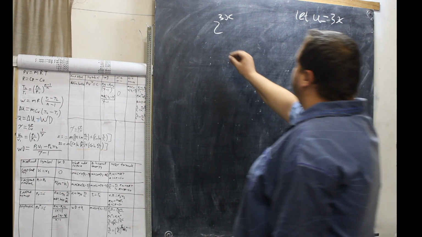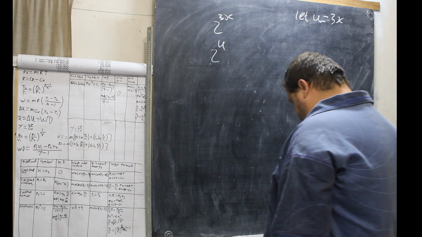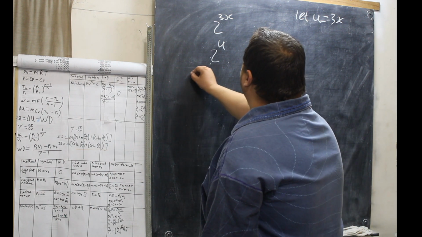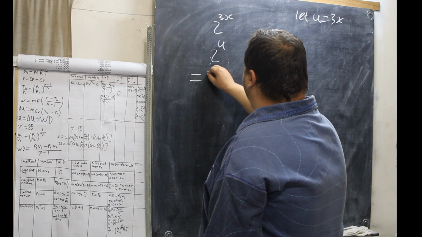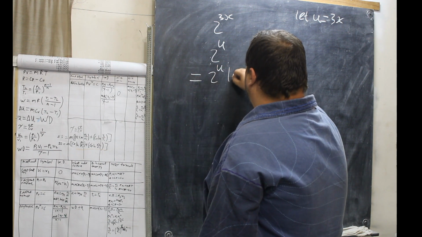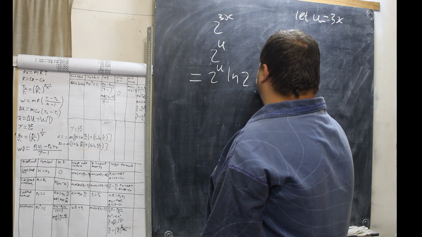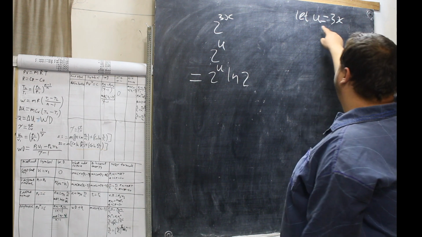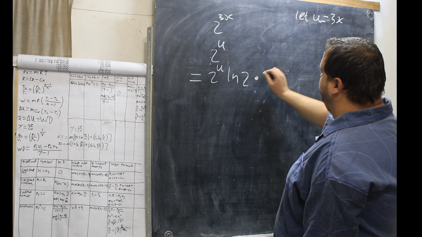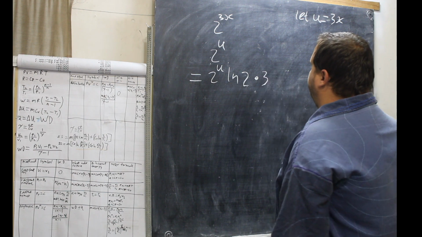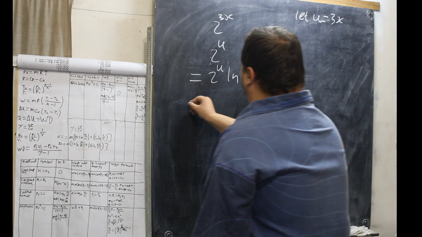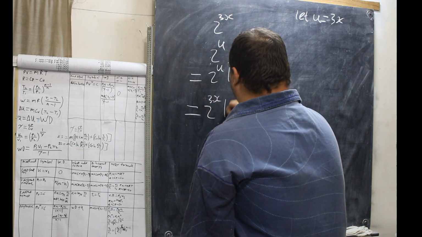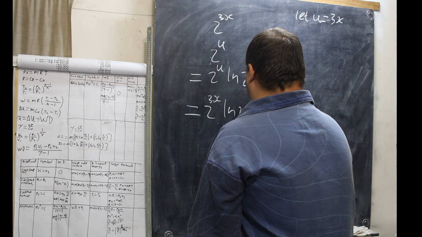So 2 to the u will equal 2 to the u ln 2, and that's it. Now we multiply by the derivative of u, which is 3. So what we are left with is 2 to the 3x ln 2 times 3.